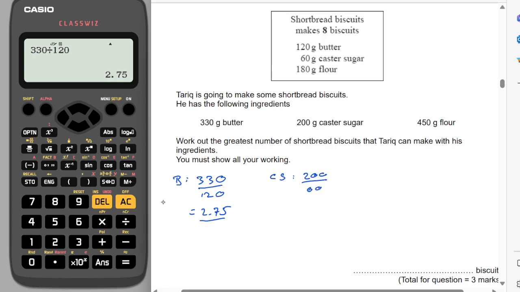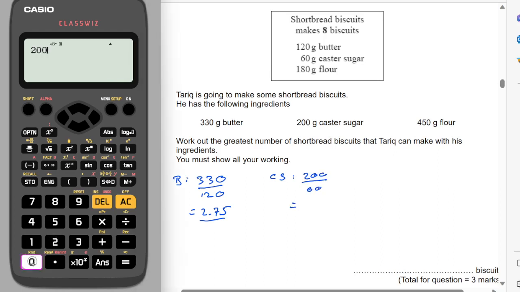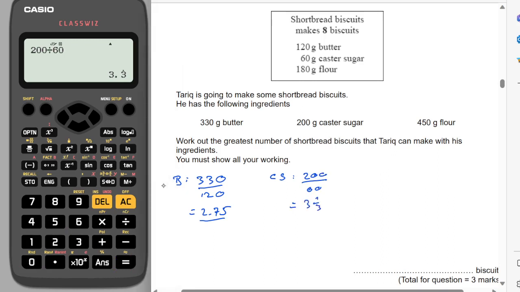Each batch requires 60 grams. So 200 divided by 60 gives me 3 1/3 batches. So I can't make 3 1/3 because I've only got enough butter for 2.75. But we'll look at flour as well to see whether the butter is the deciding factor.